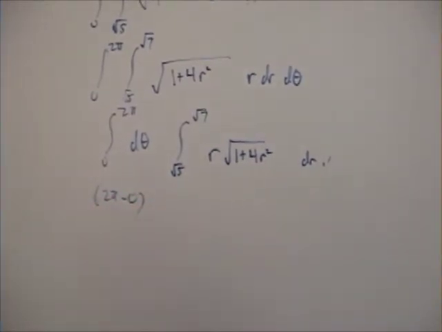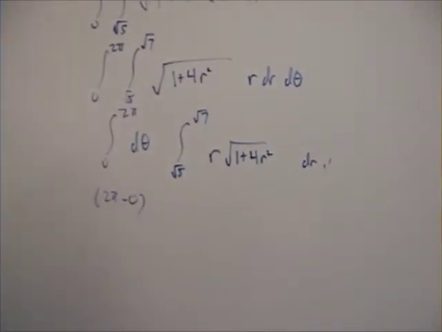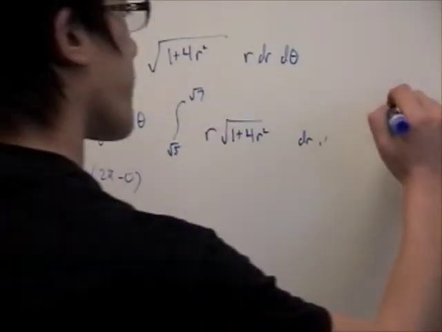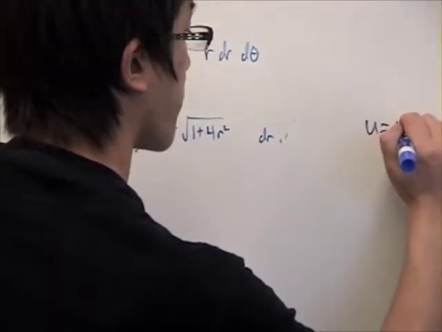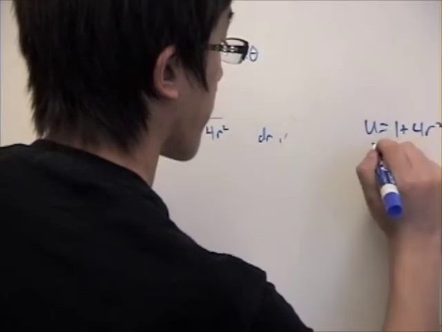And then this one is actually just a simple u substitution, where u would be 1 plus 4r squared.